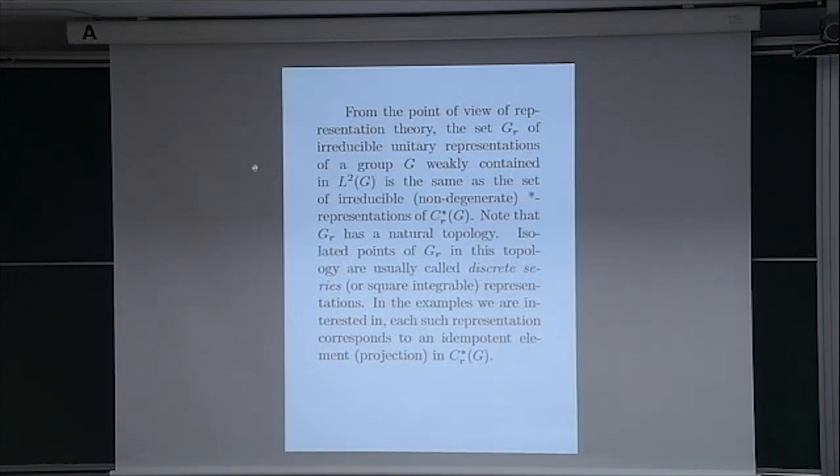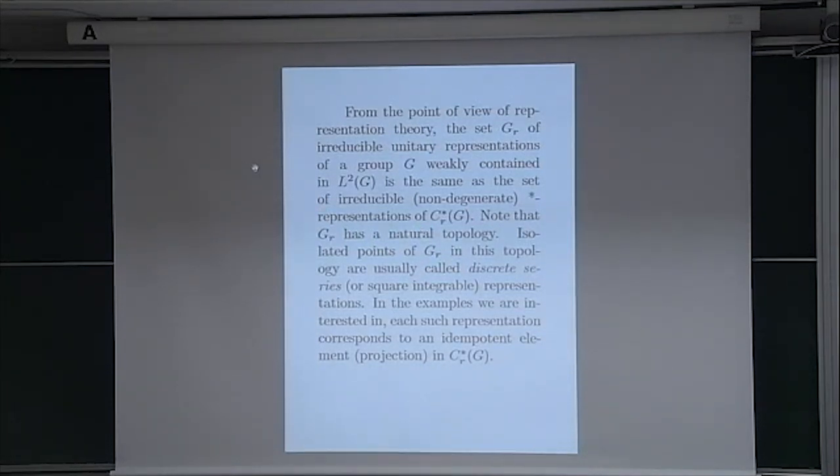The irreducible representations for most interesting groups, say semisimple groups, can be visualized, I mean, kind of by their topology. There is a certain natural topology on this space of irreducible representations.